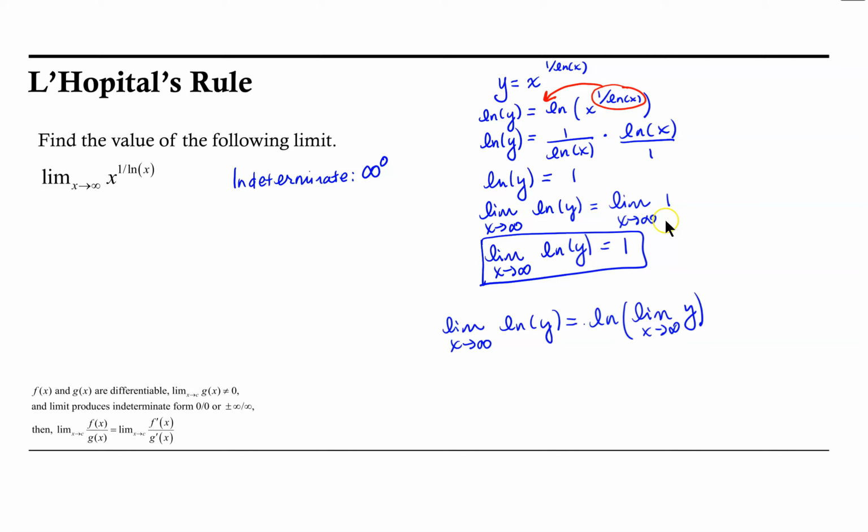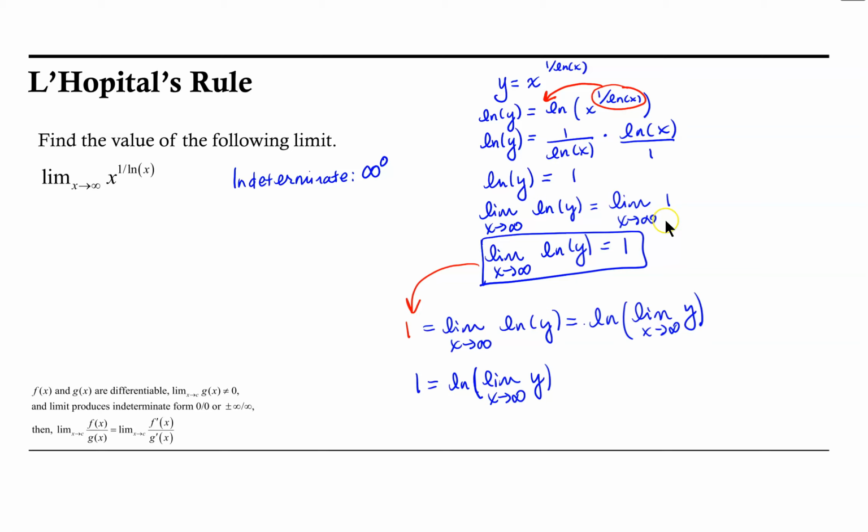Now, we previously found that this limit of the natural log of y is equal to 1. So that means that 1 is equal to the natural log of the limit as x approaches infinity of y.